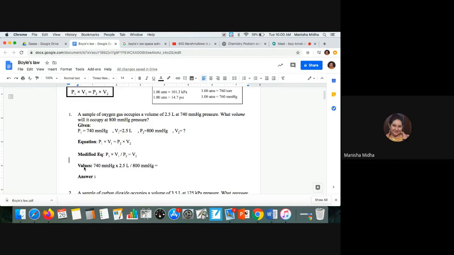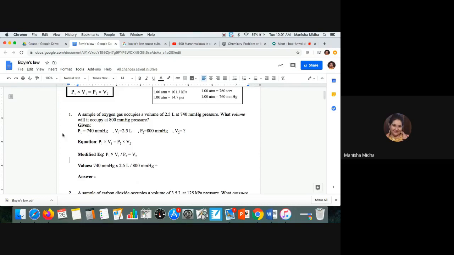The second last step is to plug in the values in your modified equation. So P1, we already know what that value is, 740. V1, which is 2.5, and that should be divided by P2, which is up here, 800. It is very important to extract these values from the question into the given parts, so we are not confused in the statements about which one is 1, which one is 2, which one is pressure, which one is volume.